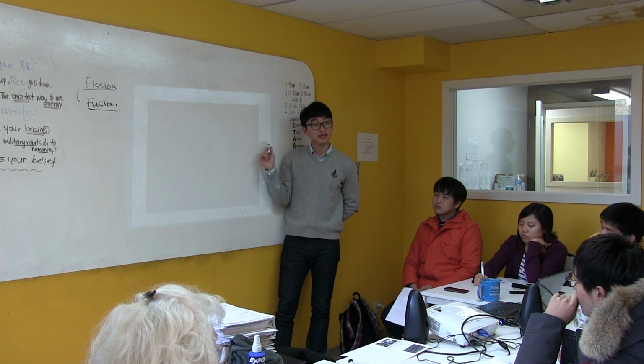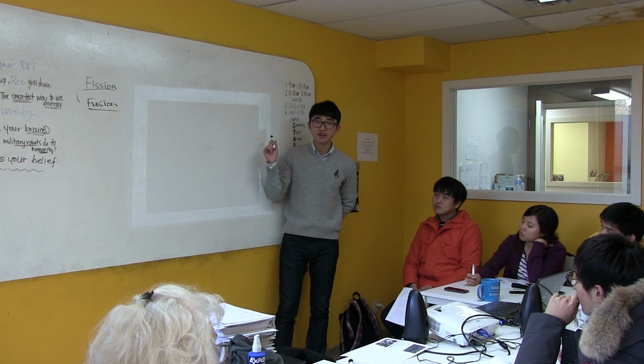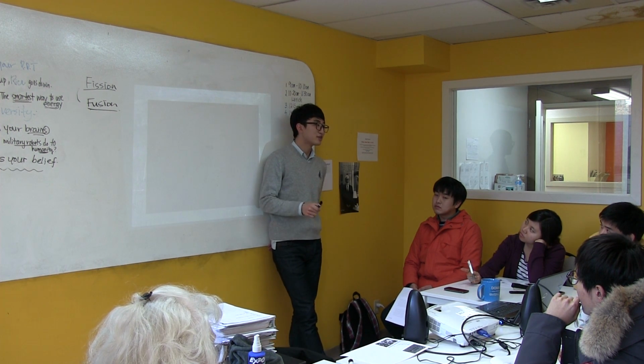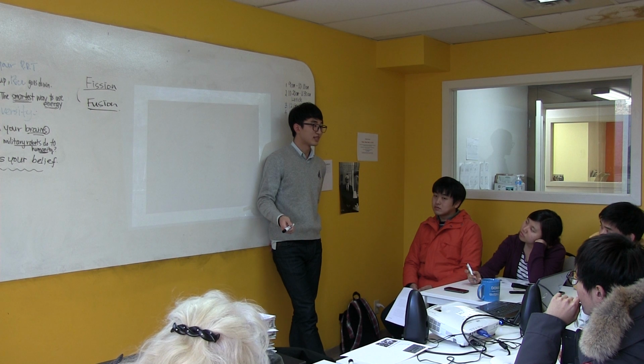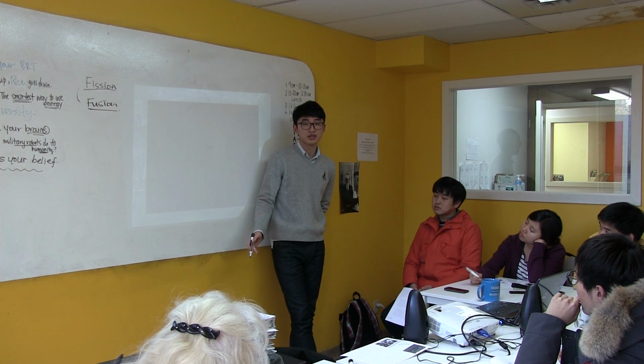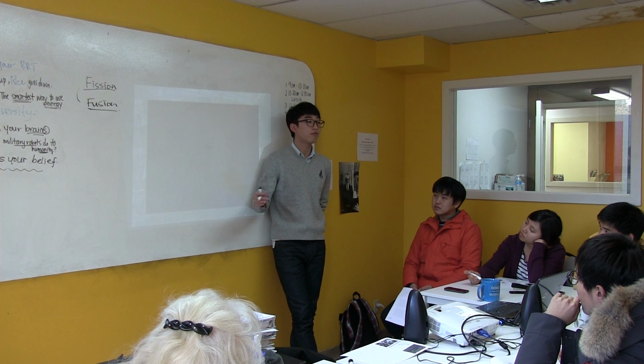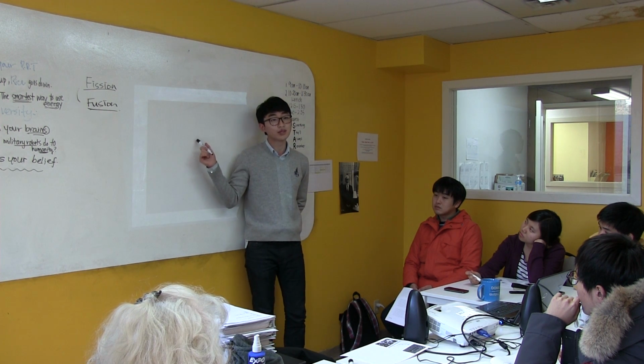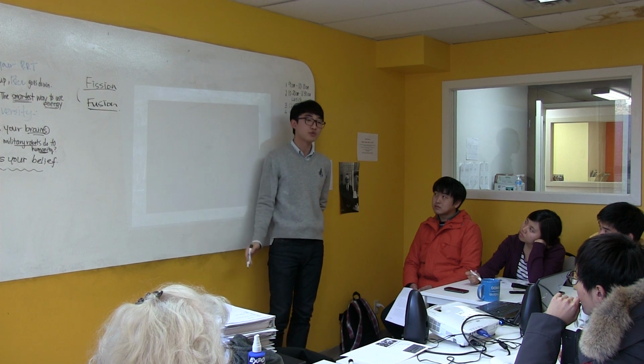The next guy said that risk is the risk. Nuclear energy is really dangerous. Even though it's efficient, we shouldn't use it. And we can make up for that much energy from other energy sources, such as solar, wind, and other green energy sources.